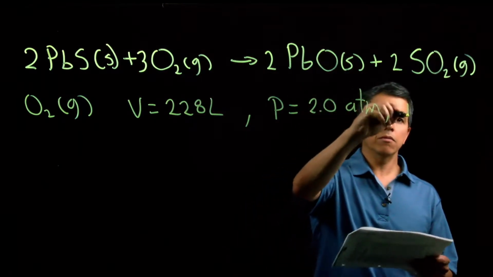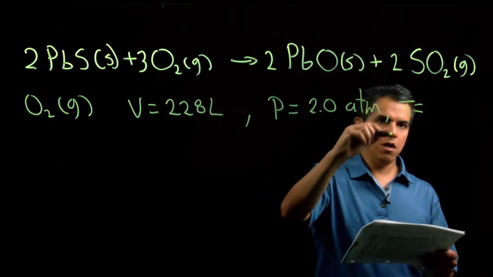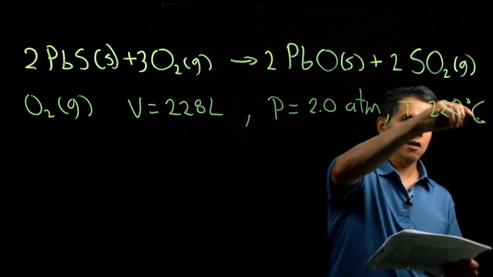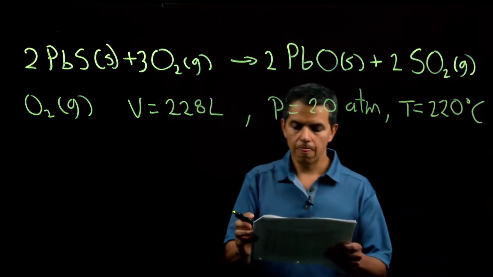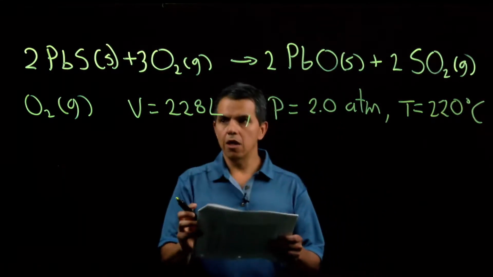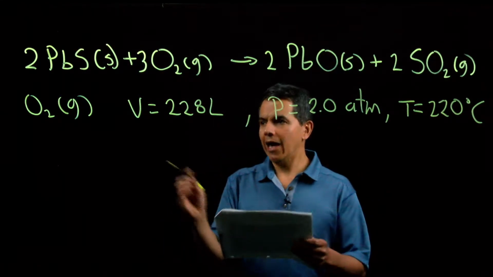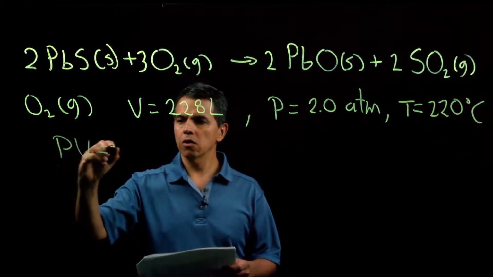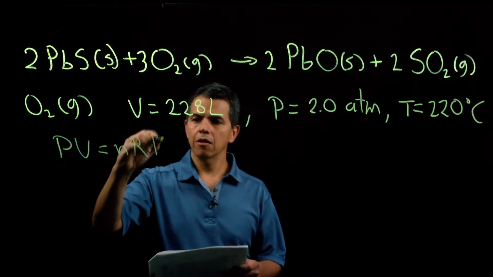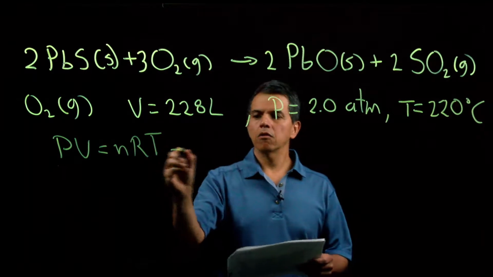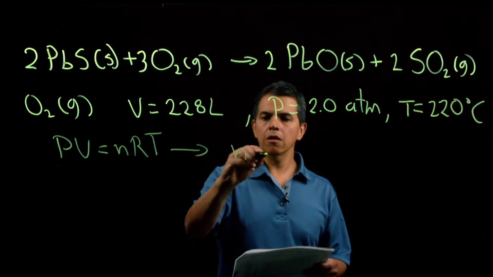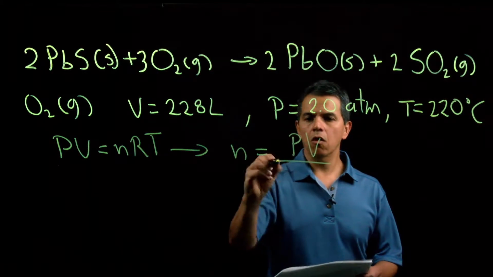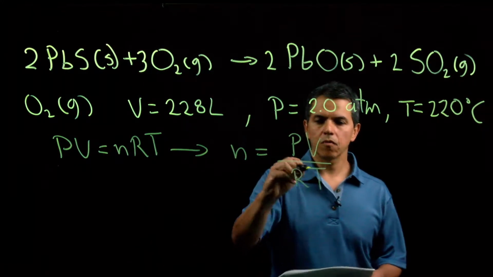The temperature is 220 degrees Celsius. And we need to solve for n. That is based on PV equals nRT, the ideal gas law. So we will need to be solving for n, which is going to be equal to PV over RT.